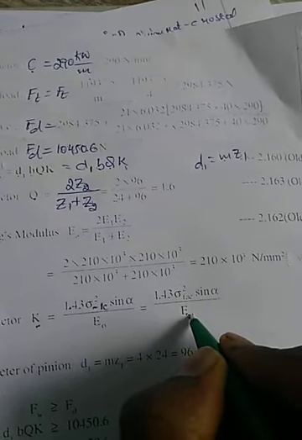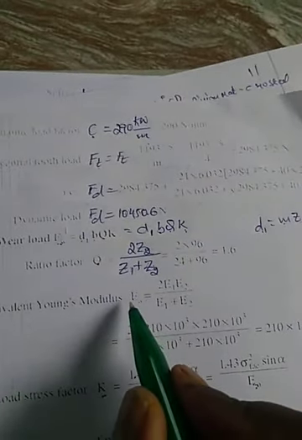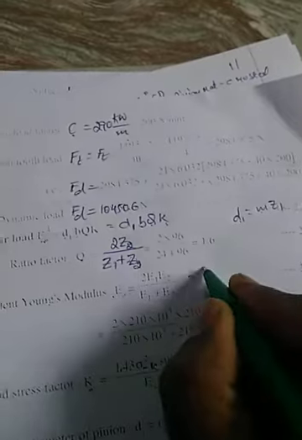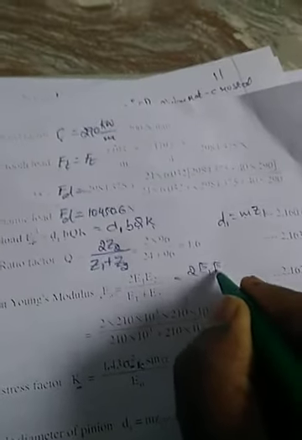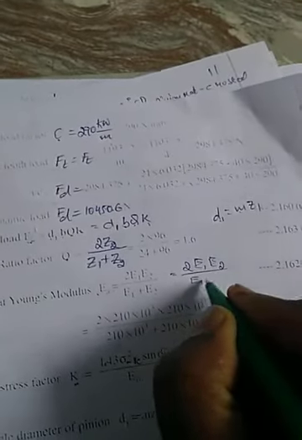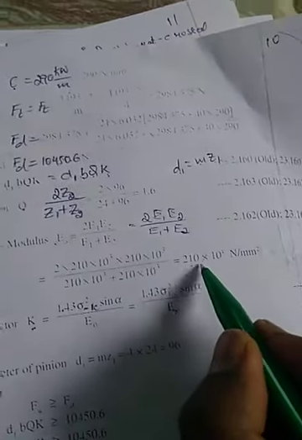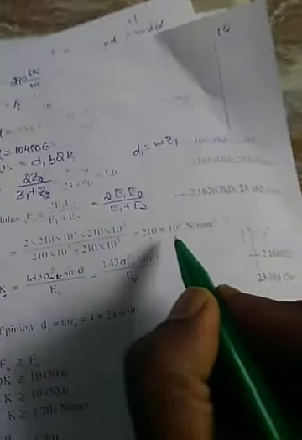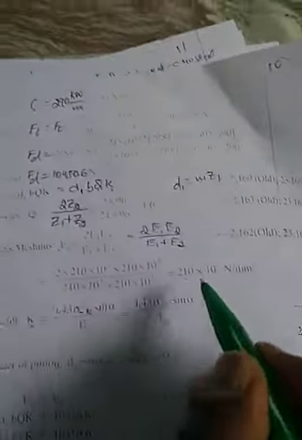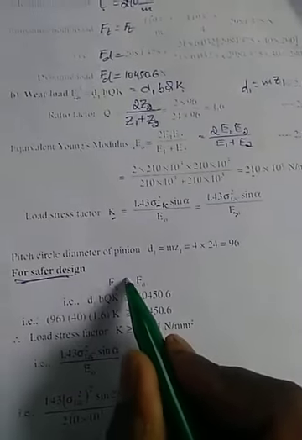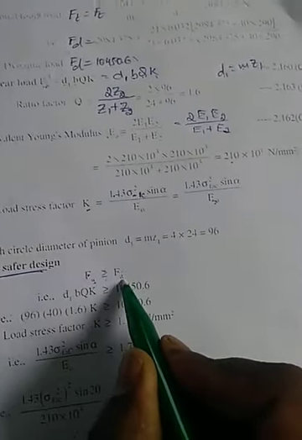Here we calculate E naught by using the formula E naught is equal to 2 into E1 E2 divided by E1 plus E2. E1 and E2 are given in the question, so finally we will get 210 into 10 to the power of 3. Now, for a safe design, Fw should be greater than or equal to the dynamic load.